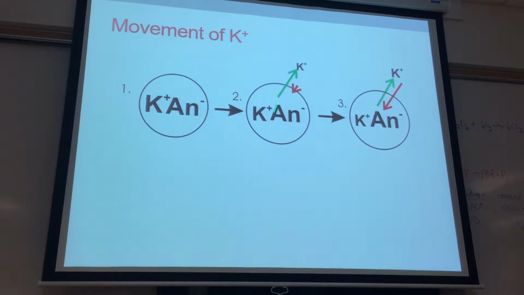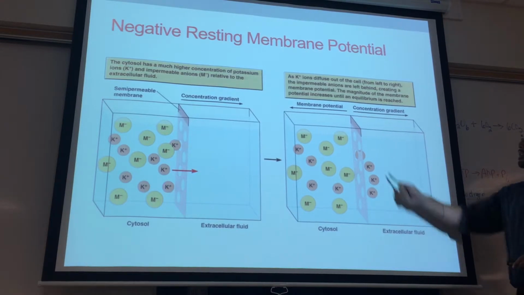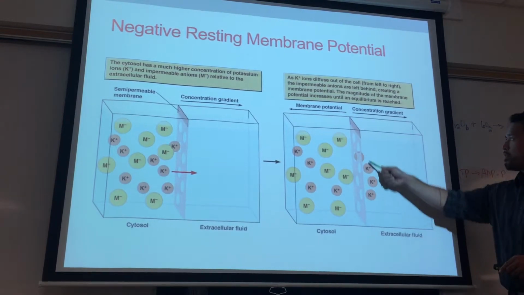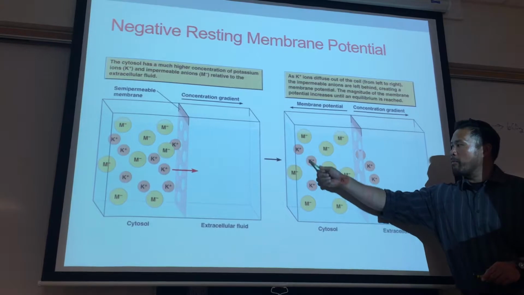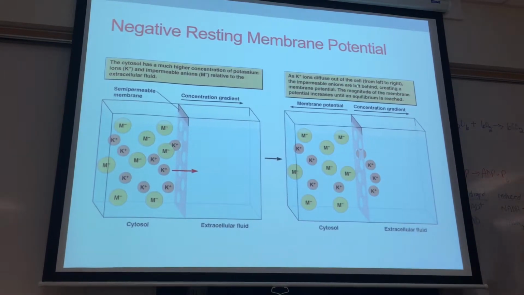And the movement of potassium will keep going until an equilibrium is found. That means that not all the potassium will move out. You'll get potassium in equilibrium on this side, and the remaining potassium on that side, so that it remains at this negative resting membrane potential.